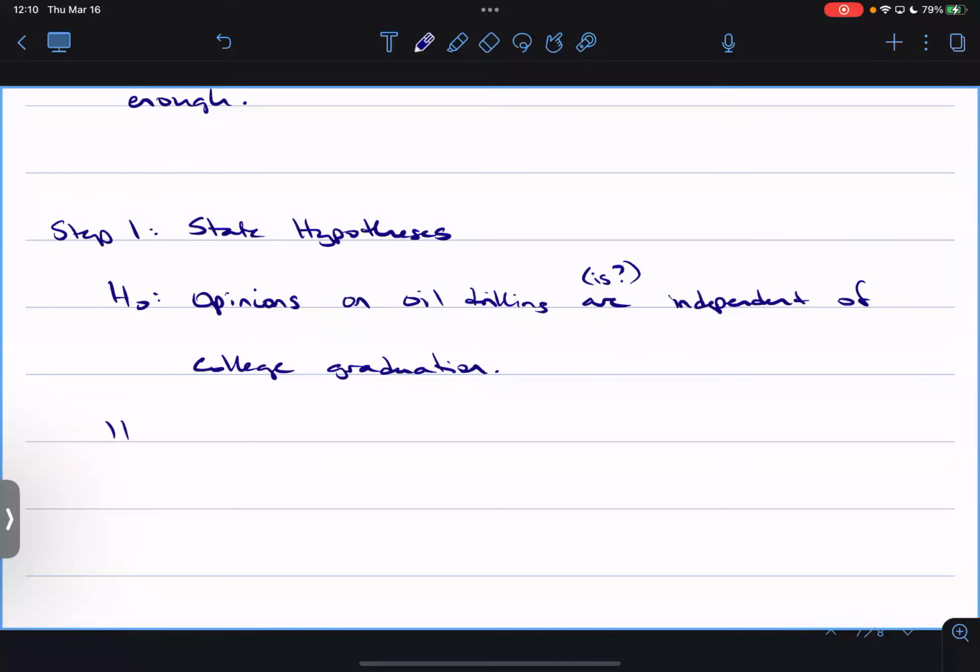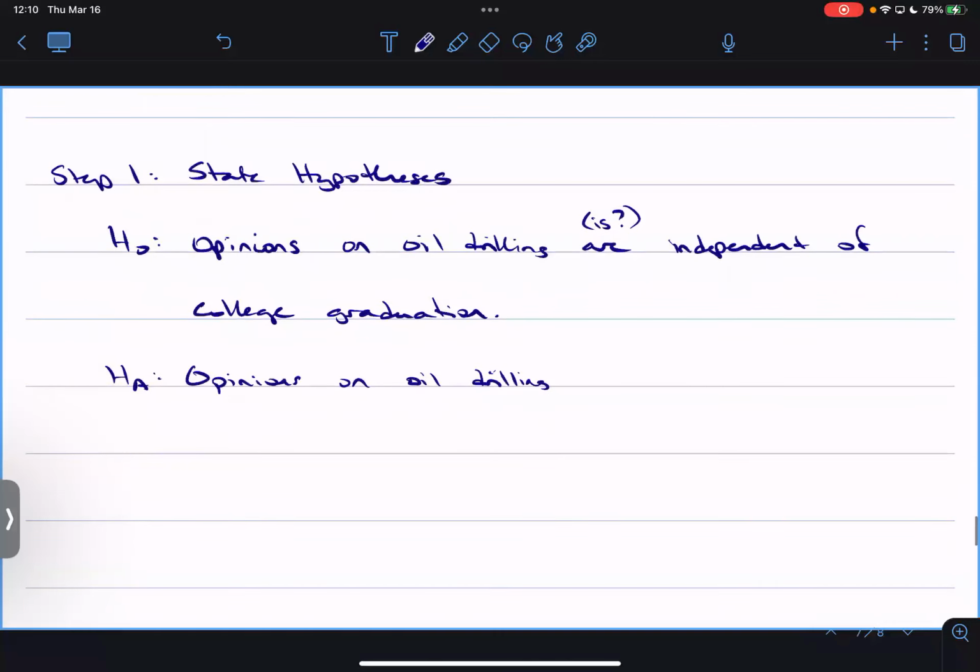The alternative is just the negation of that. Opinions on oil drilling are not independent of college graduation.